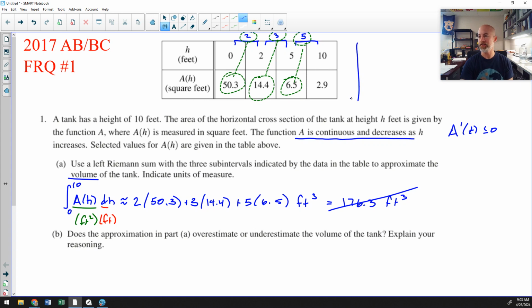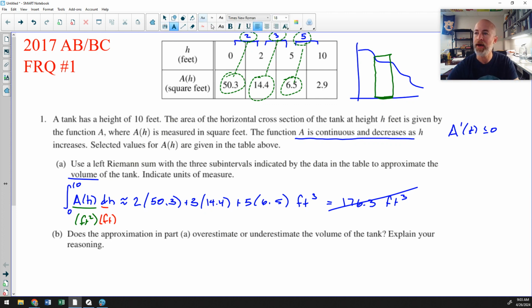And I just think this logically, if my function A is decreasing and you draw a rectangle to estimate that. So I have my base of my rectangle right here. The left side of the rectangle is determining the height. And because this is a decreasing function, the rectangles will extend above the curve, giving us an overestimate. And our reason for that, I'm going to type this because it's faster.